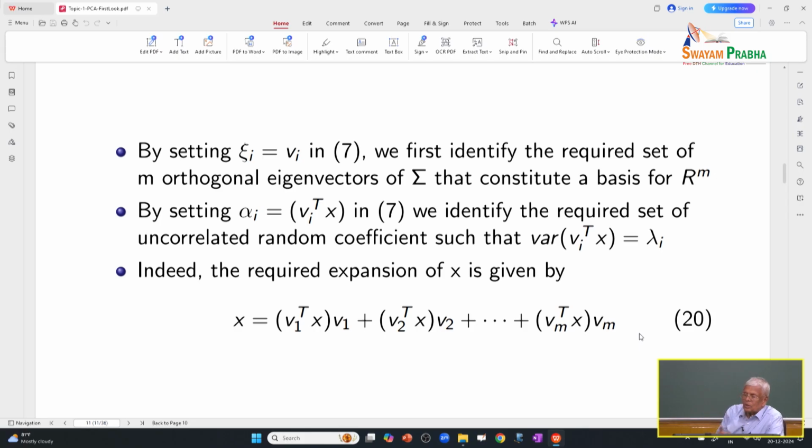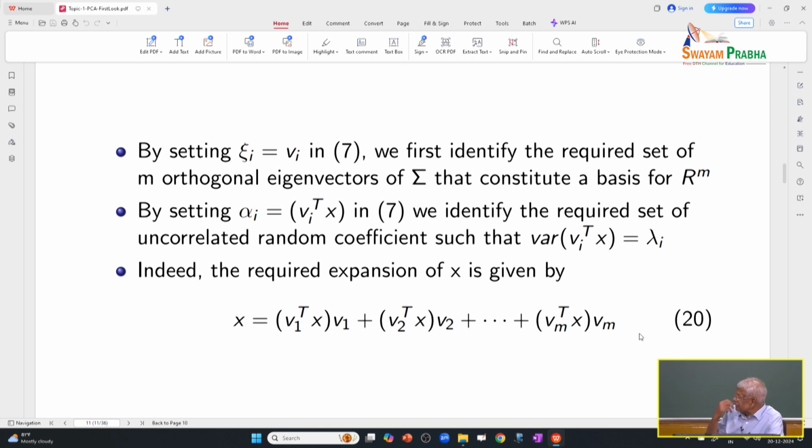This is what is called decomposition of a random vector using principal patterns and principal coefficients, or principal components. The principal components are alpha 1, alpha 2, alpha m. The principal patterns are V1, V2, Vm.